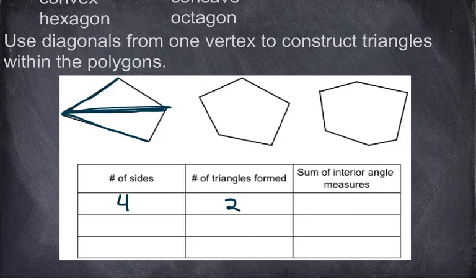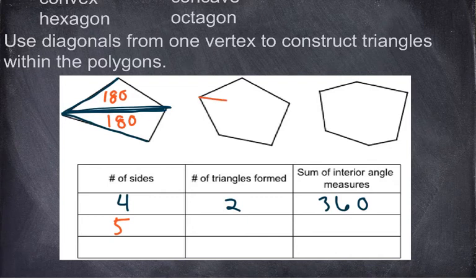Now, the sum of the interior angle measures. The thing about this is we learned that there's 180 degrees in every triangle for interior angles. So when you add those together, we get 360 degrees for a quadrilateral. Now this next one is a pentagon, so 5 sides.